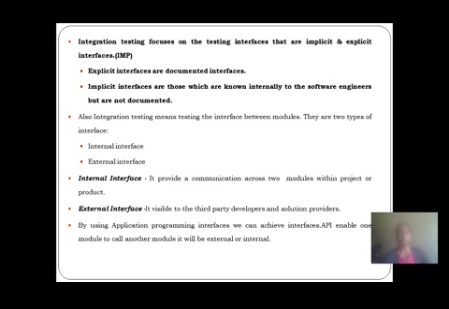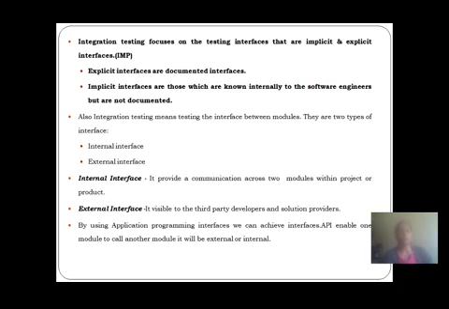Planning, then requirement analysis or requirement gathering, then designing, then development, then after development we need to deploy it. After deploying, testing is also required. After that there should be a maintenance phase.